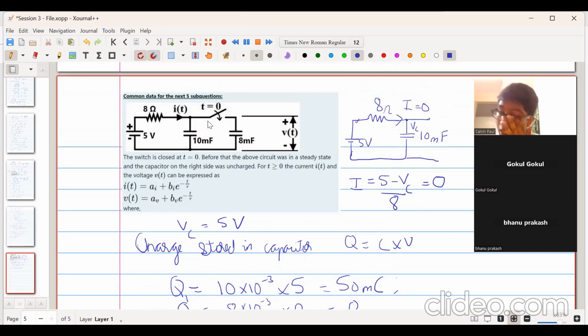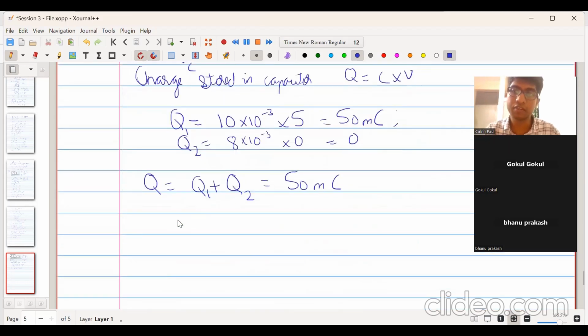So after closing the switch, immediately the voltage will settle to some value, and we want to know what that value will be. That is our goal. There's something known as effective initial voltage.